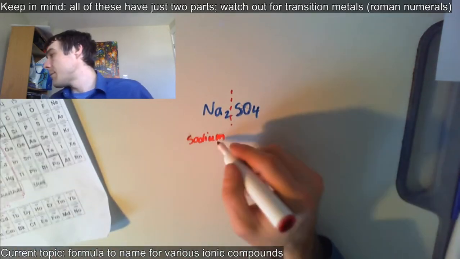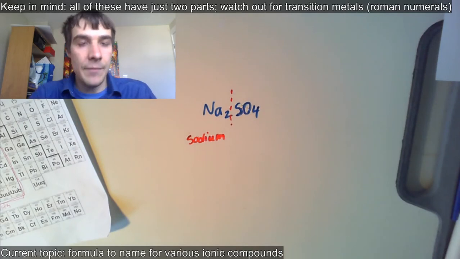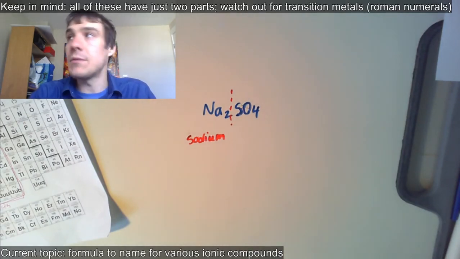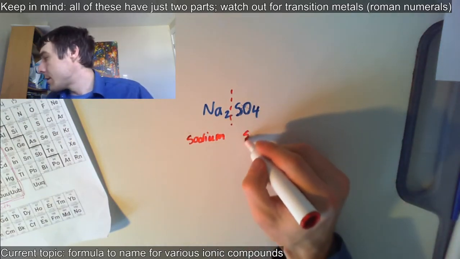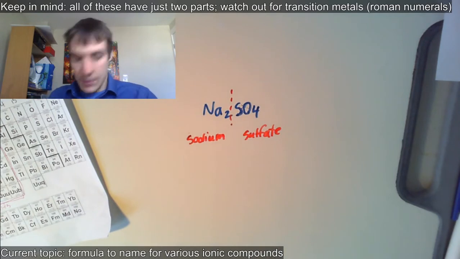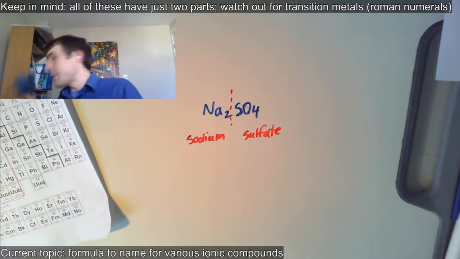We don't need to worry about that side. On this side, we just have to look up in our table of ions what that's called, or we just remember it. This is called sulfate. So this would be called sodium sulfate. That is the name of that compound.